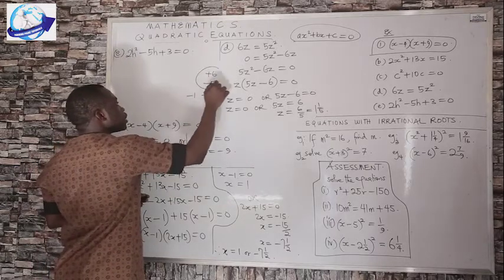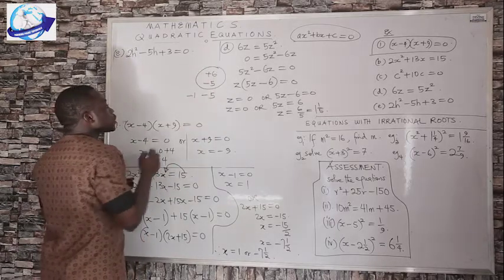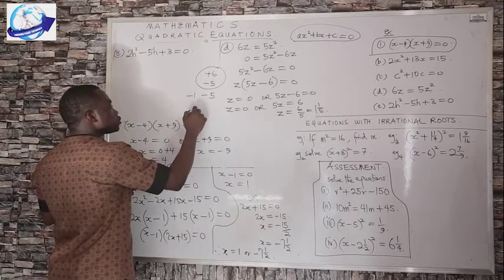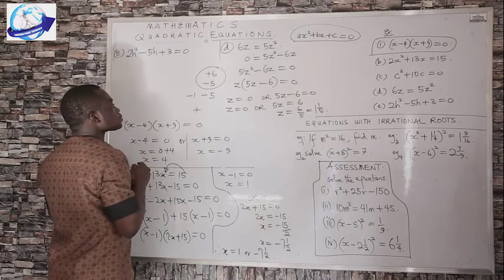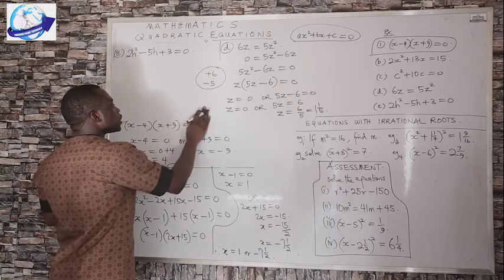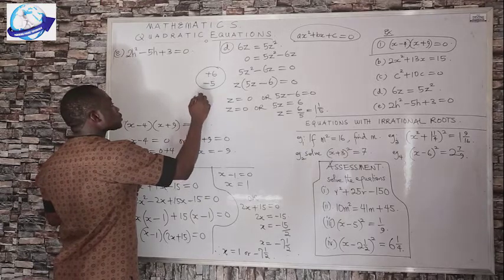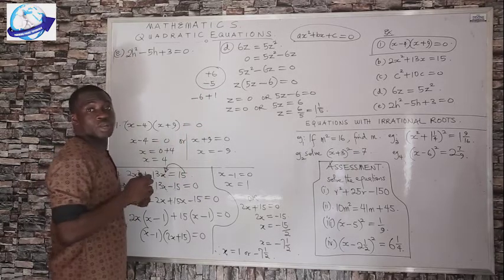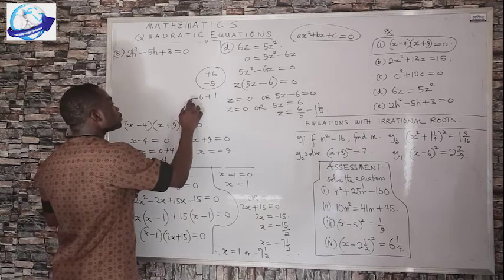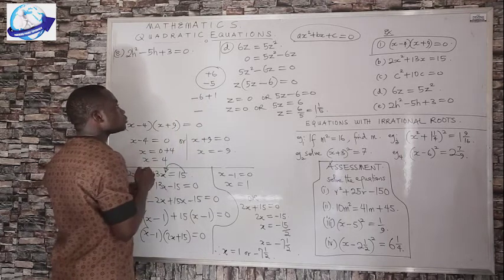Let's try minus 6 and plus 1. Minus times plus, we take minus.